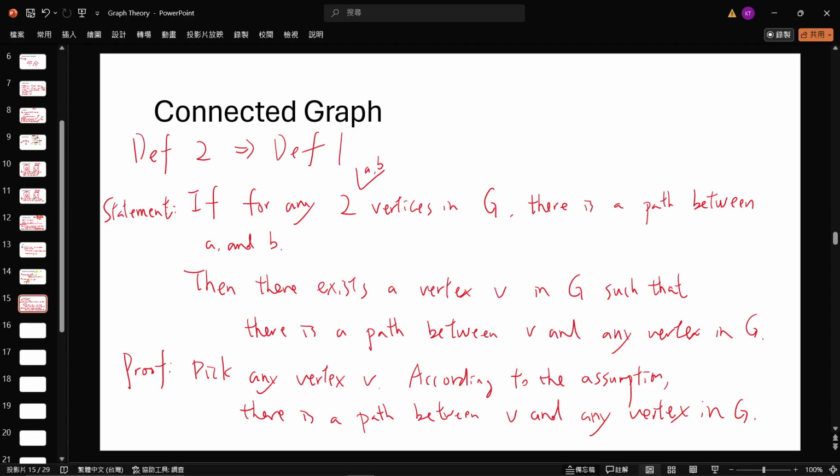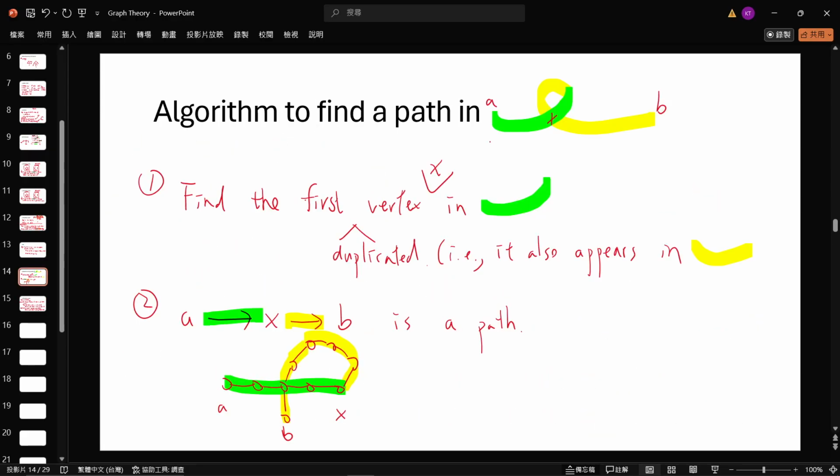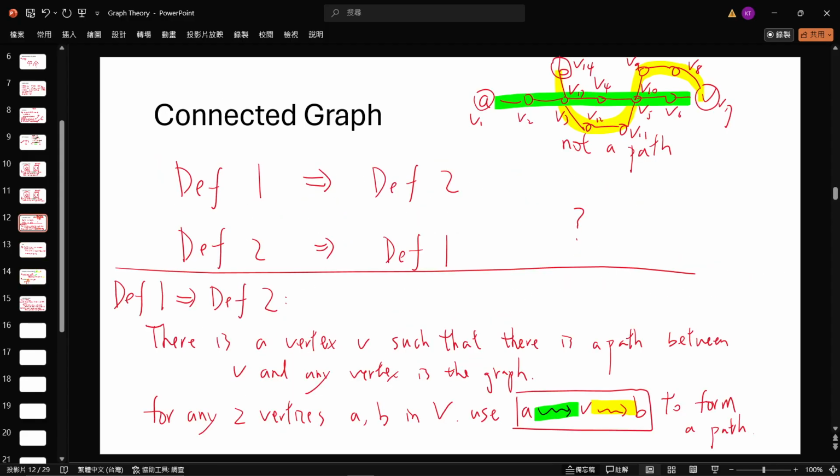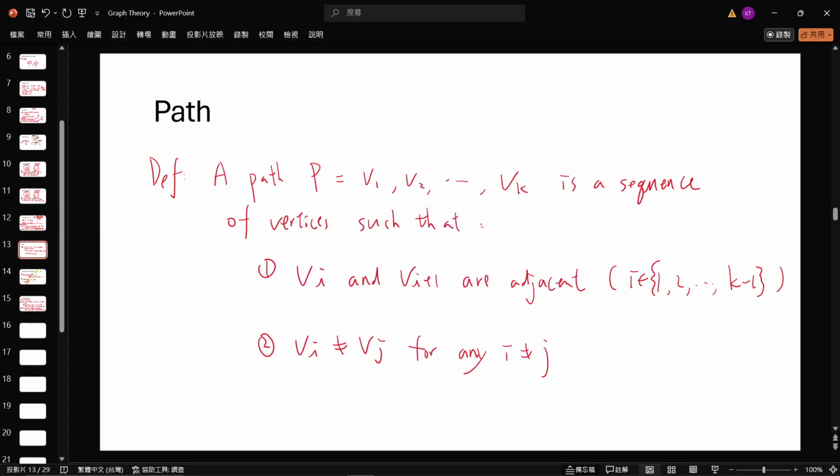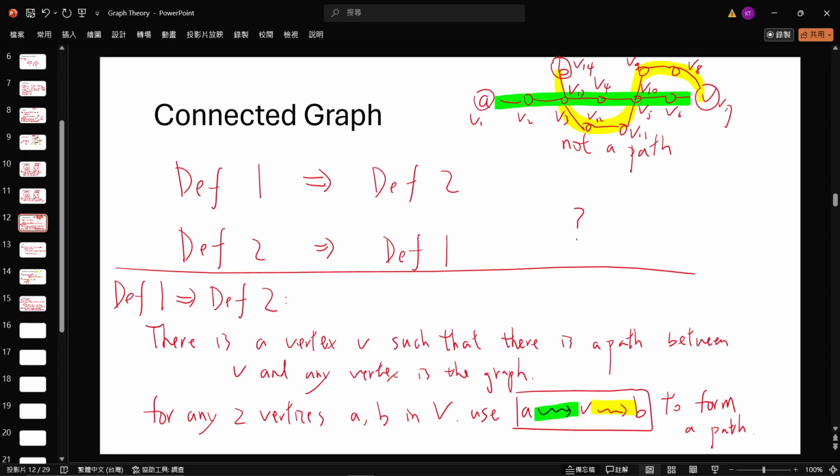所以不知道大家有没有比较理解这个方向。如果你觉得这不是废话嘛，某种程度这是废话，所以这个 part 其实是很 trivial 的事情，前面那个 part 才是比较有料的东西。Okay, so now we have shown that definition 1 implies definition 2, and definition 2 implies definition 1.